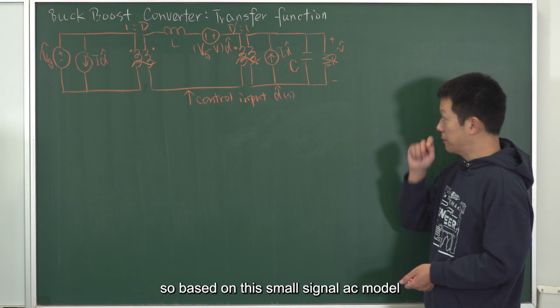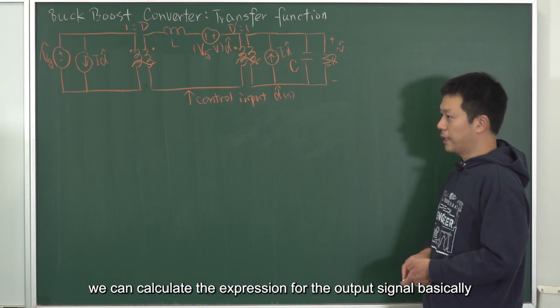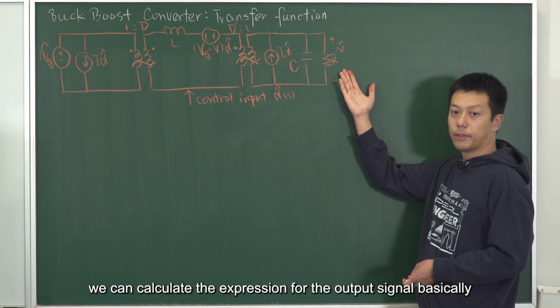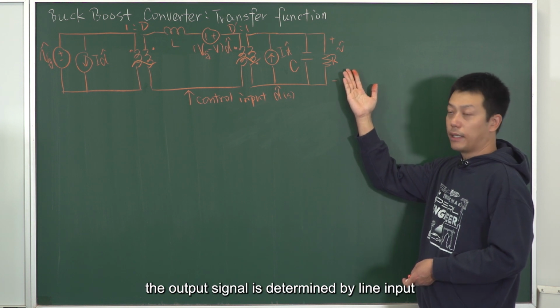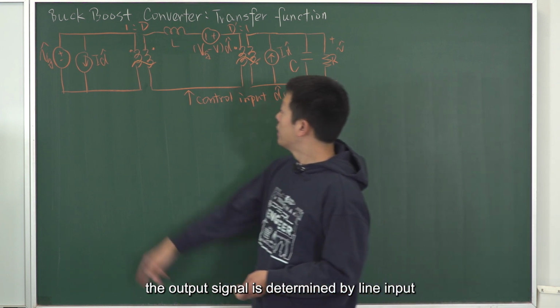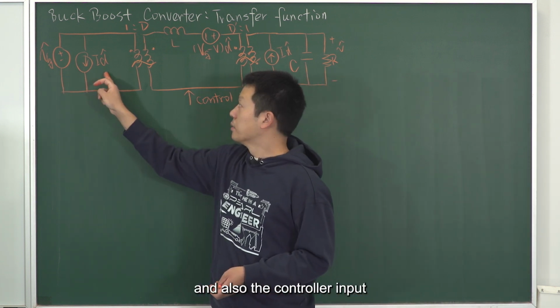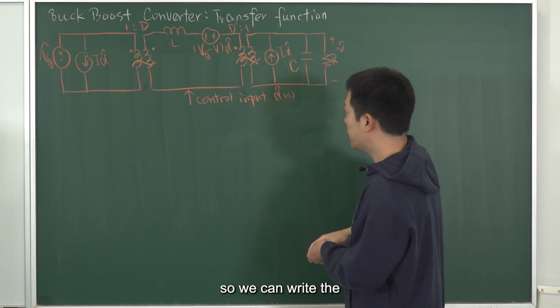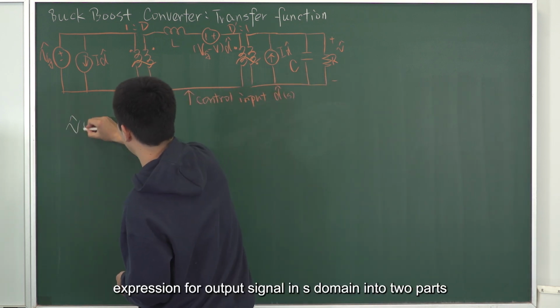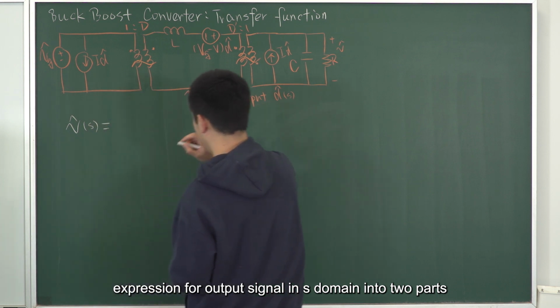Based on this small signal AC model, we can calculate the expression for the output signal. Basically, the output signal is determined by the line input and also the controlling input. So we can write the expression for the output signal in the S domain in two parts.